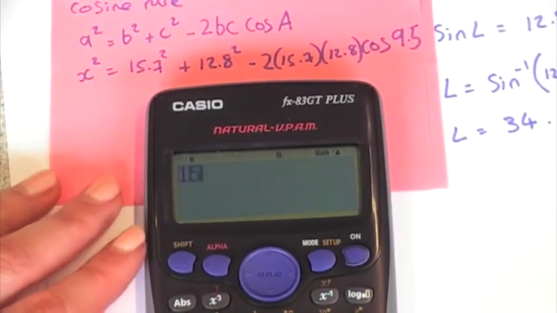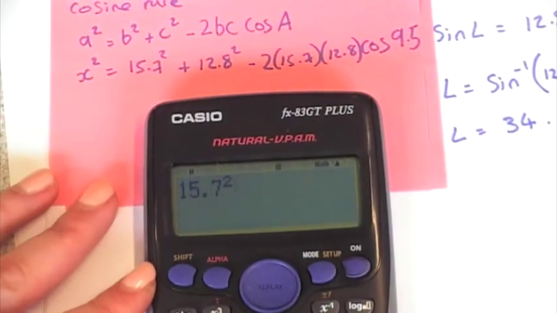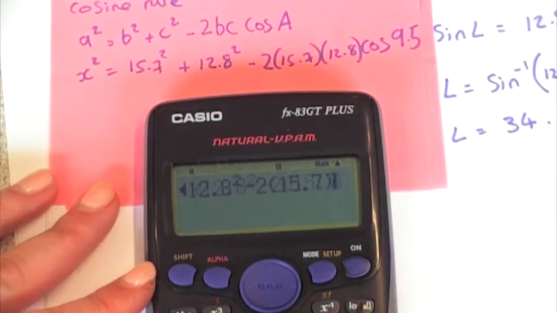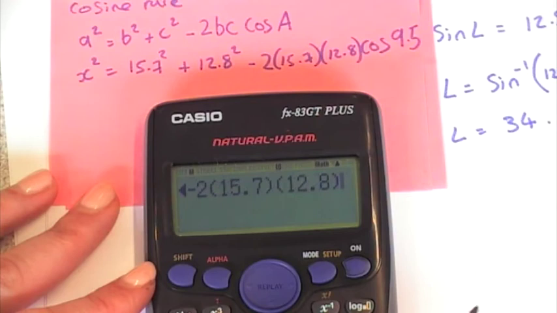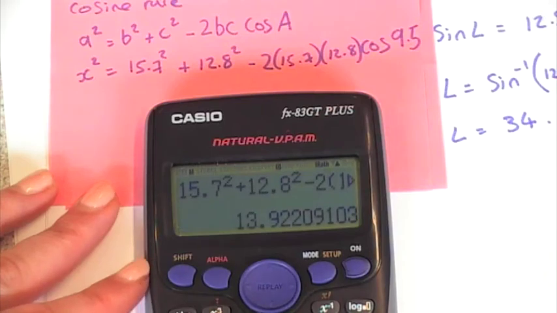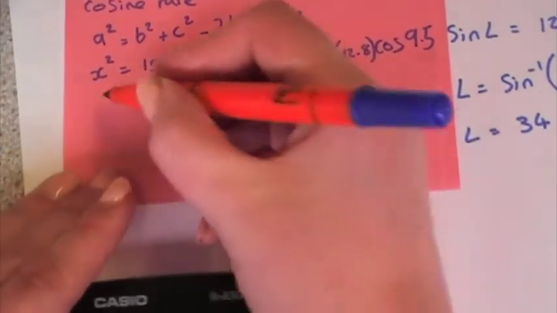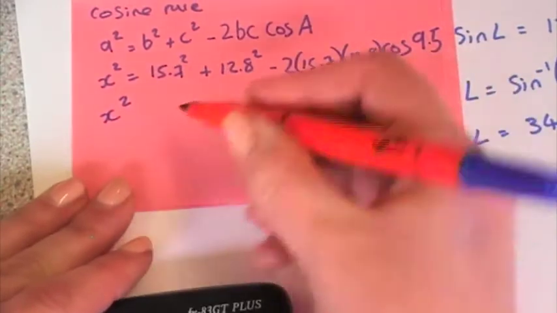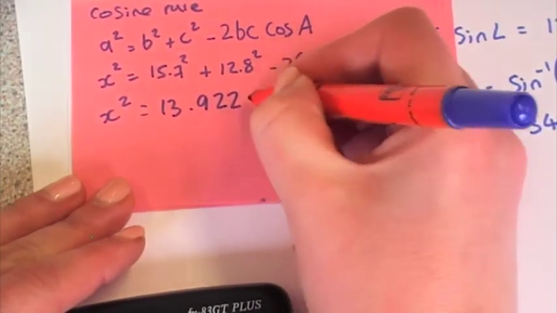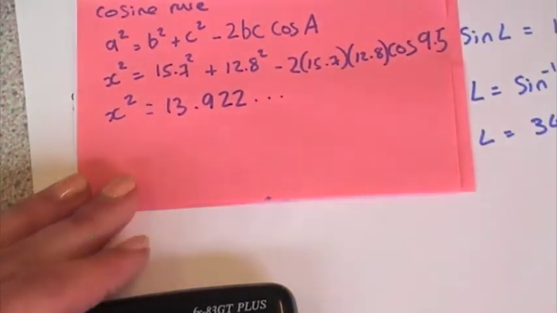So 15.7 squared plus 12.8 squared minus 2 open bracket 15.7 times 12.8 cos 9.5, close the cos bracket off, equals 13.922. So x squared equals 13.922, and that number continues.